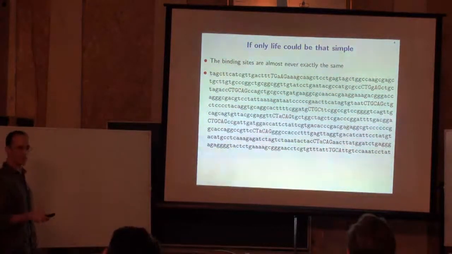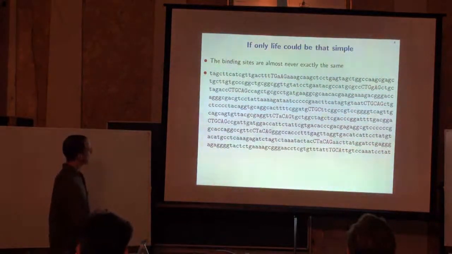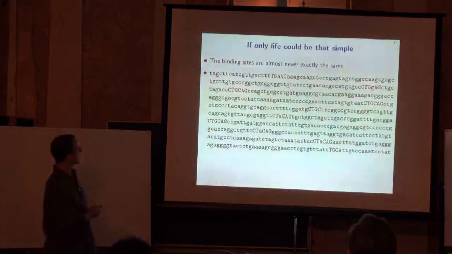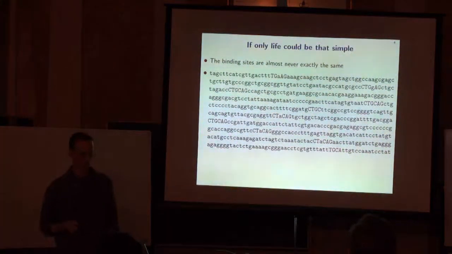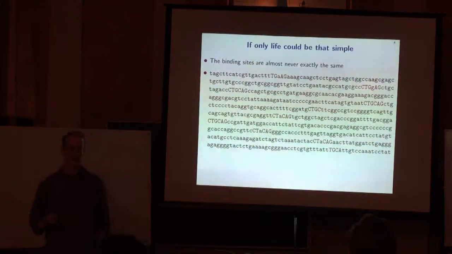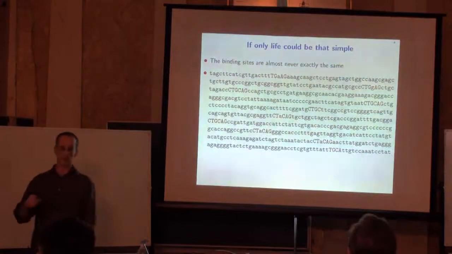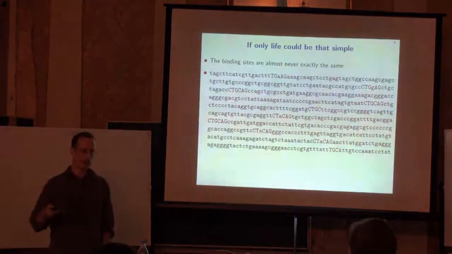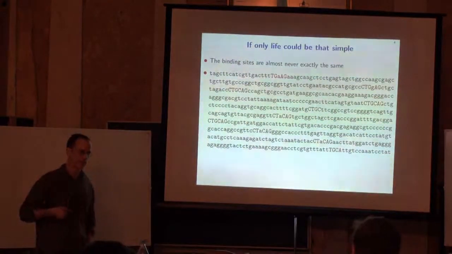It's a common theme, but it's not exact repetition. Here the consensus sequence was highlighted by capitalizing the consensus letters in each position. And it's this variability from the consensus that makes this problem more challenging, both algorithmically and from the perspective of significance.